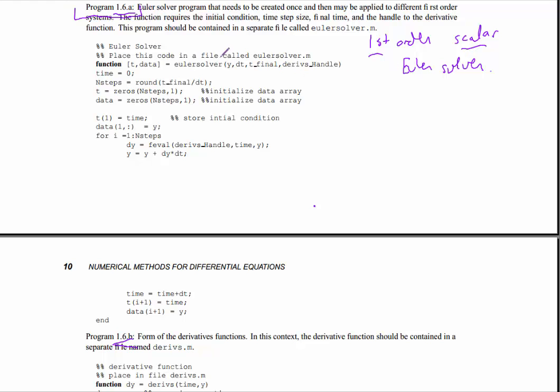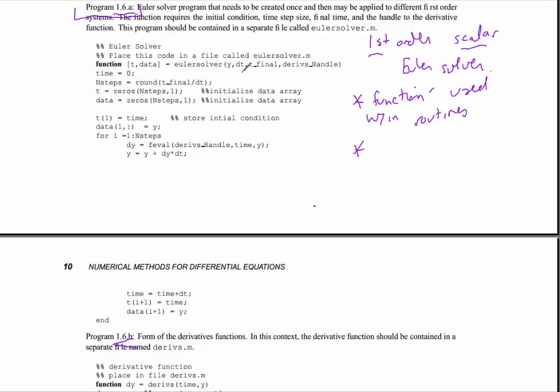Okay, so let's look at some of the nice features of this program. First of all, it's called as a function. Okay. So what does that mean? That means it can be used within routines. That's a good thing.